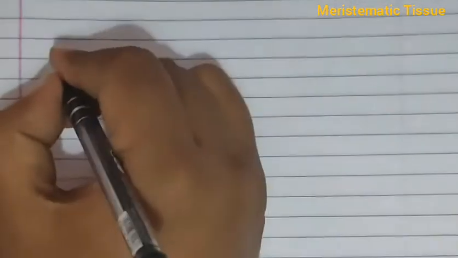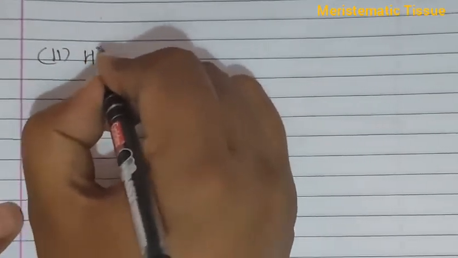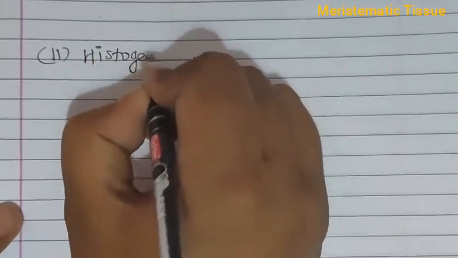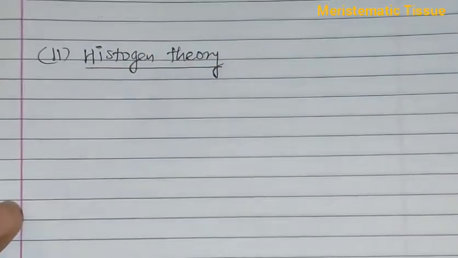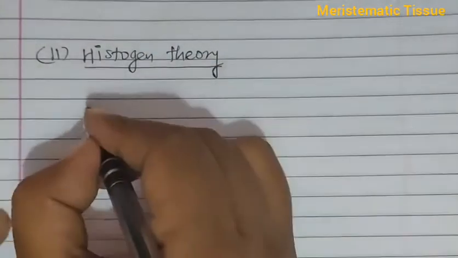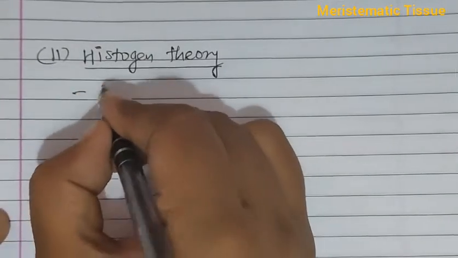That is the histogen theory. So next is the histogen theory. The histogen theory was proposed by Hanstein.